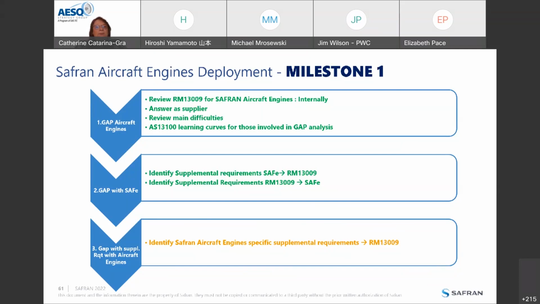So identifying on a two-way basis what SAFE has compared to RM 13009, and the other way around, what RM 13009 has compared to SAFE. At the moment, we are working on identifying, number 3, the gap with Safran Aircraft Engine specific supplemental requirements compared to RM 13009. Next, please.